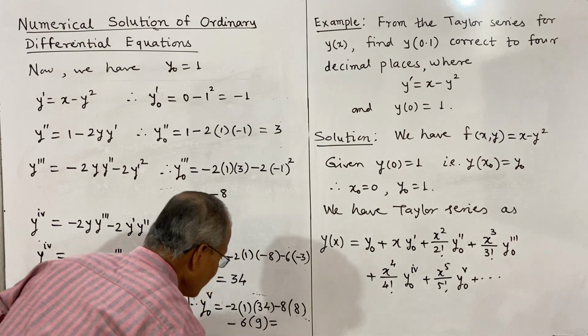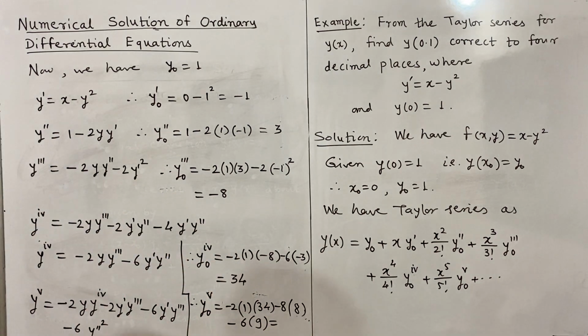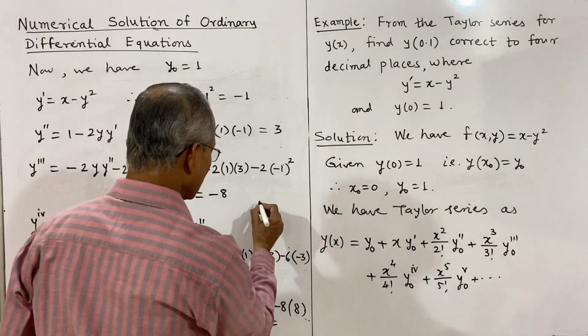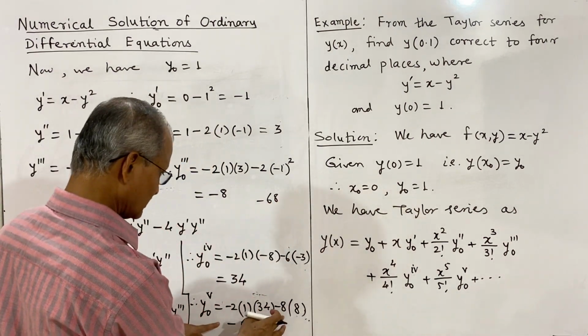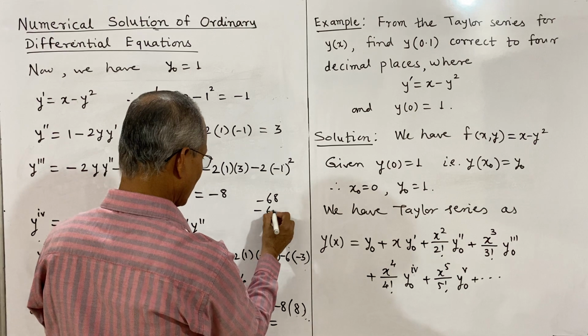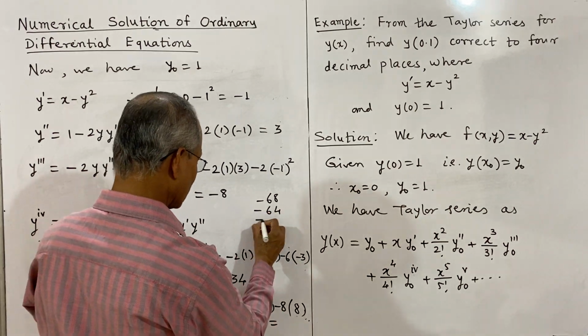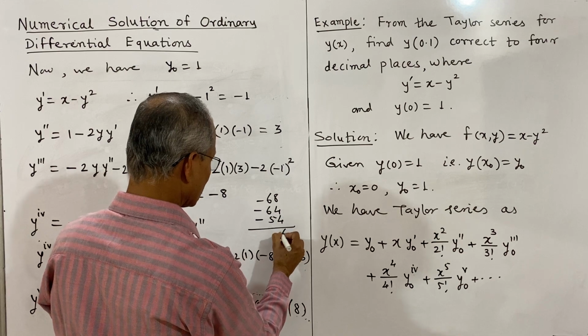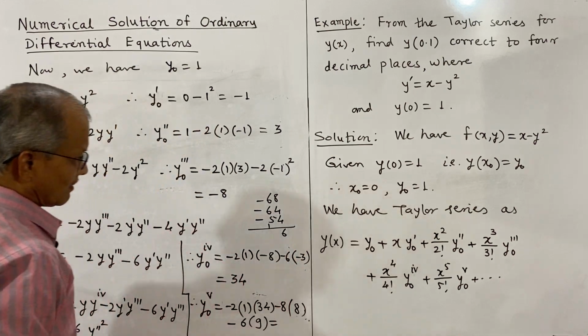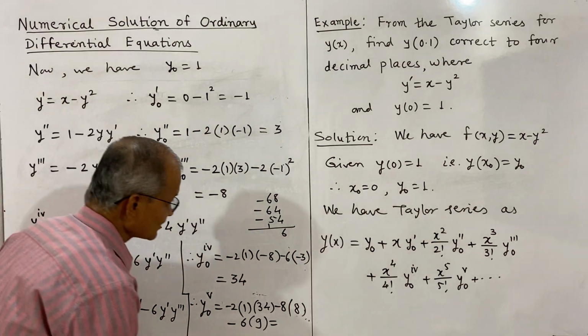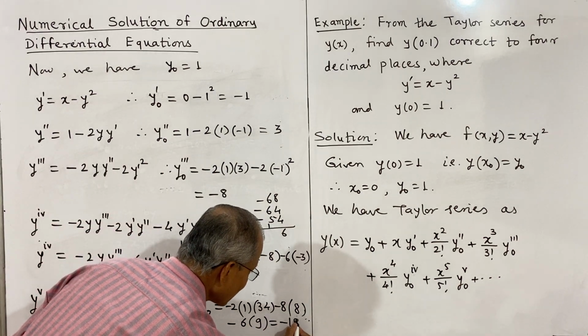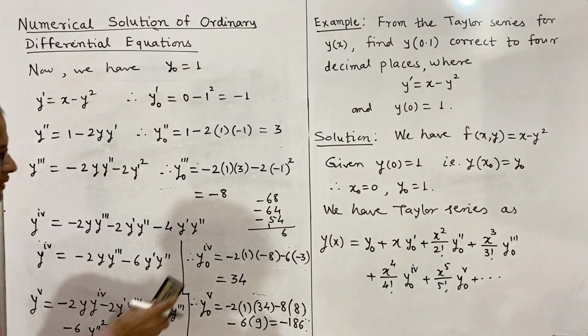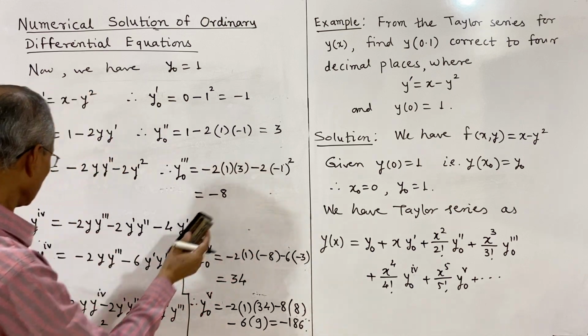So, this value comes to be, this is minus 68, and this is minus 64, and this is again minus 54. So, this is minus 186. So, these are the values we have obtained for the derivatives.